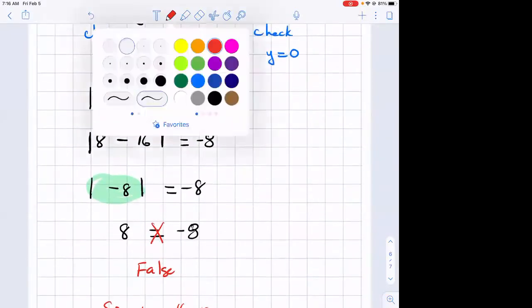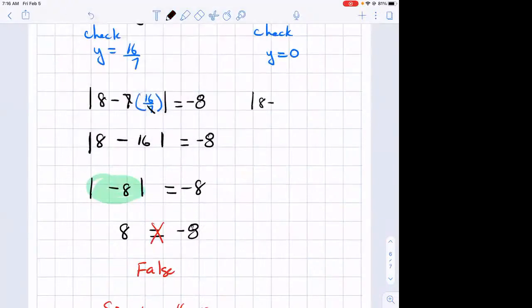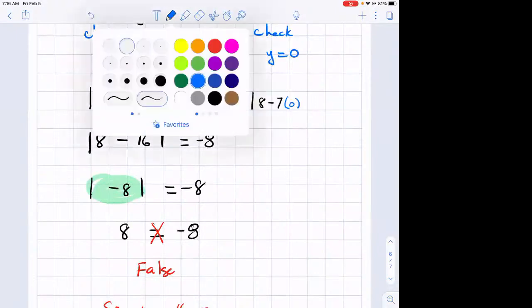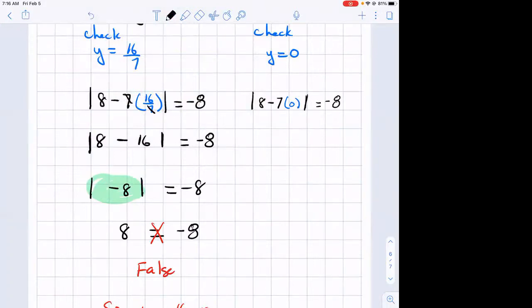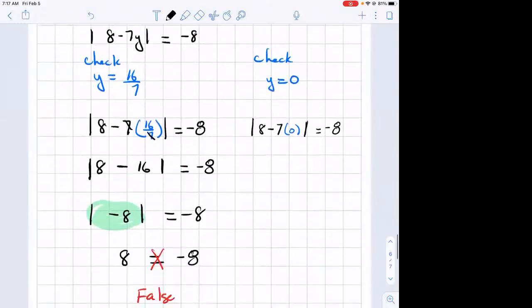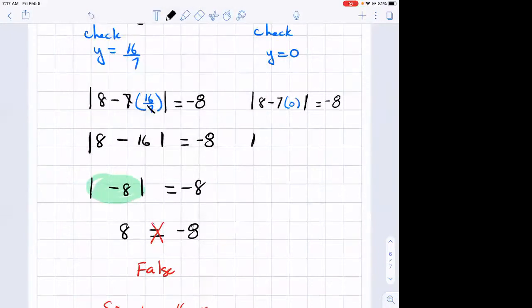Now, if we check the other side of this, let's see what happens. We're going to replace y with 0. That is equal to negative 8. If we do this, we have the absolute value, negative 7 times 0 is 0, and 8 minus 0 is 8, and the absolute value of 8 is 8.